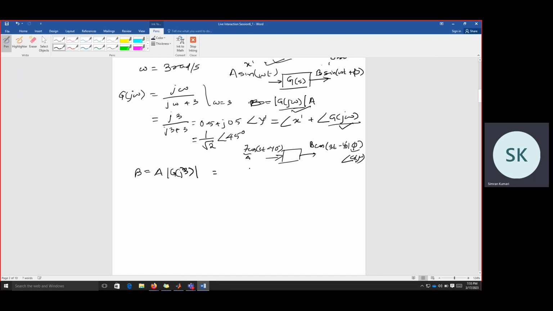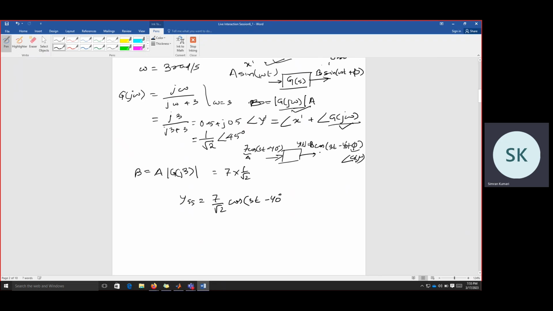So what would we get? This will be 7 into 1 by root 2, and therefore this output, which is y(t), or we can say y_ss, will be 7 by root 2 cos(3t minus 40 degrees plus phi).